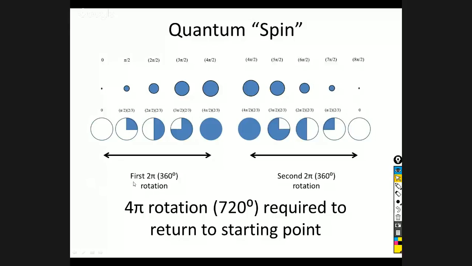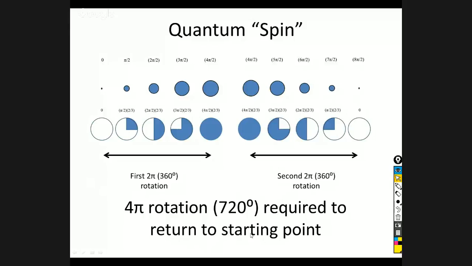So we have a 2 pi rotation, a rotation equivalent of 360 degrees. And then the second half of the cycle is another 2 pi of rotation, another 360-degree rotation. So 4 pi rotation, or 720 degrees, is required to return to the starting point.